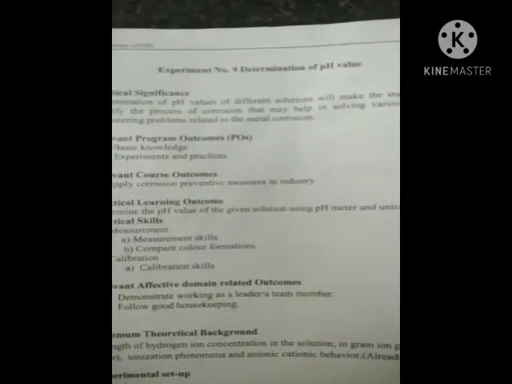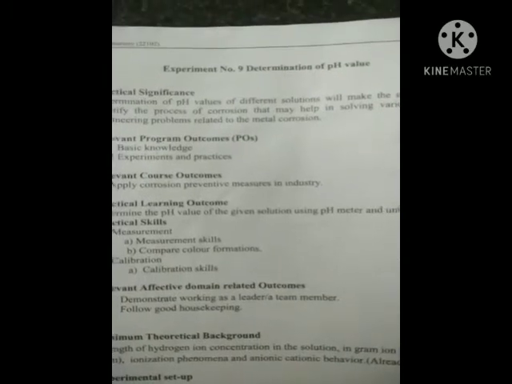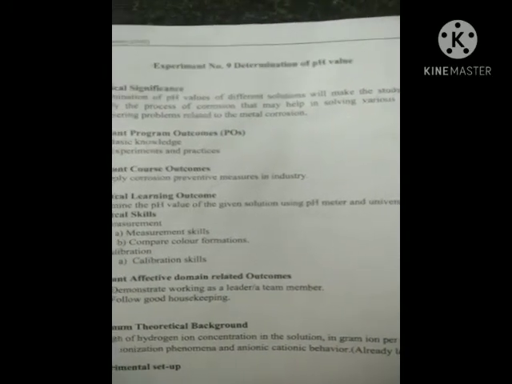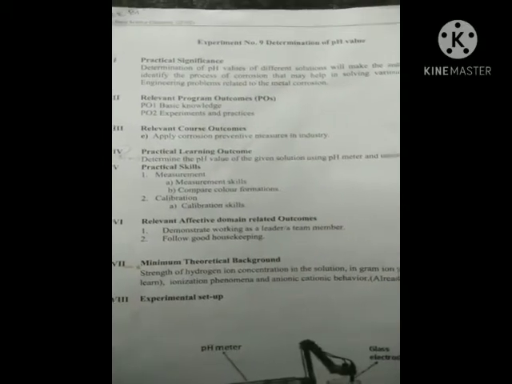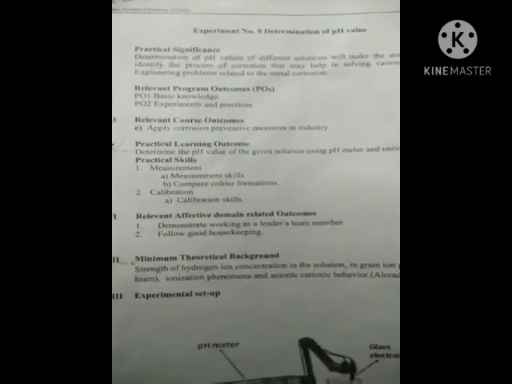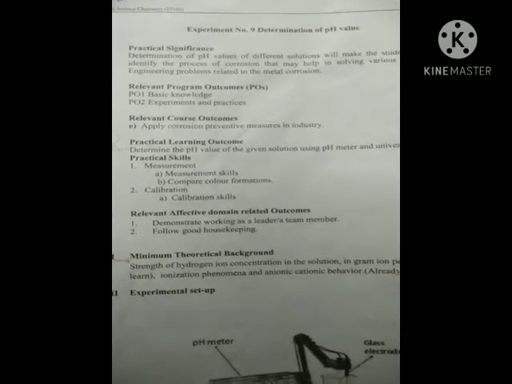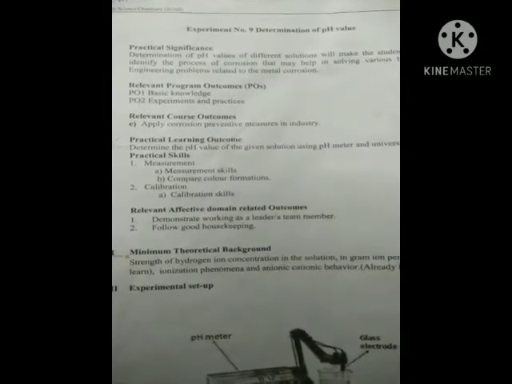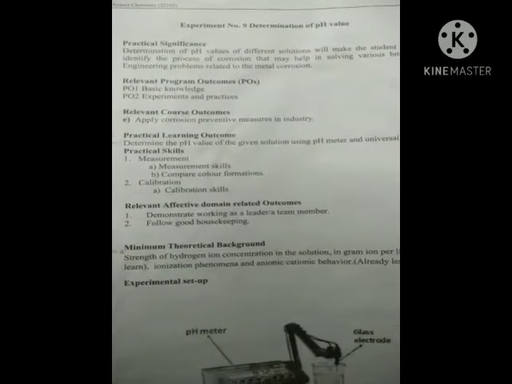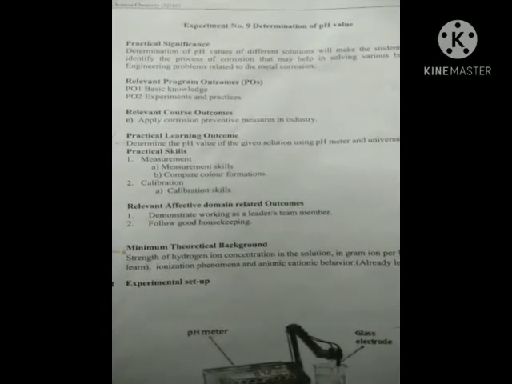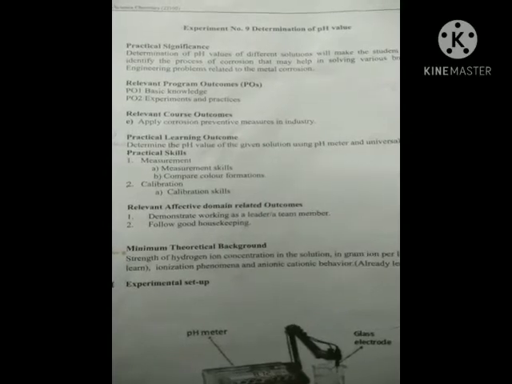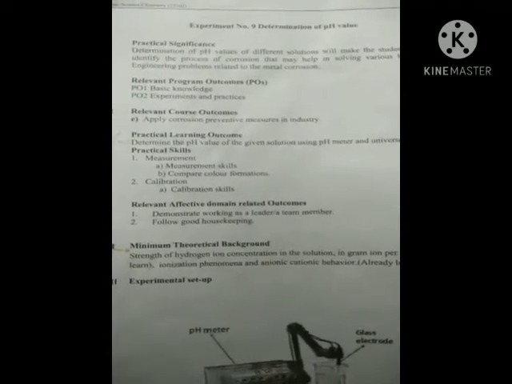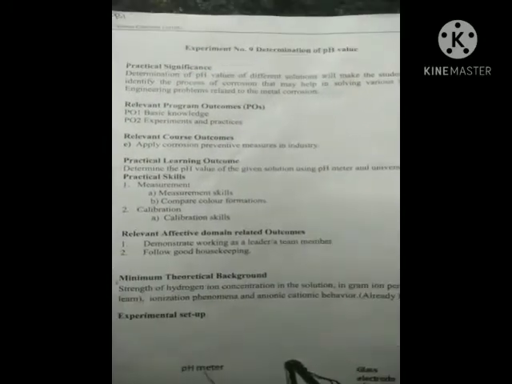Today we are going to perform experiment number 9, determination of pH value. In this experiment we are going to determine the pH values of different solutions so that the student will be able to determine the nature of the solution and will be able to apply this knowledge for corrosion preventive measures in industry.